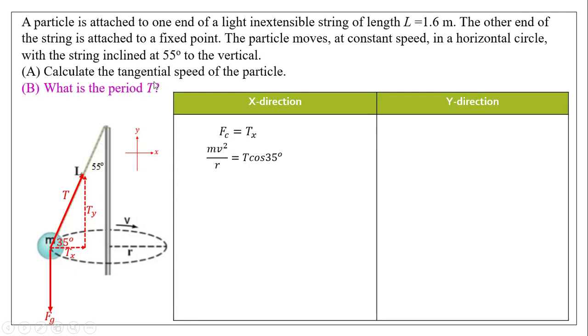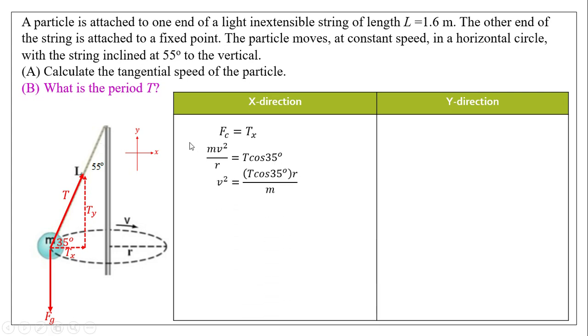Please keep in mind part A wants us to find the tangential speed, so I'm going to introduce that right away. And then Tx is T cosine of 35. Once again, because I like to use this angle that touches the horizontal axis, x is cosine and y is sine. So here Tx is just T cosine of 35. Make sure you don't put 55 here. So I've decided to use 35.